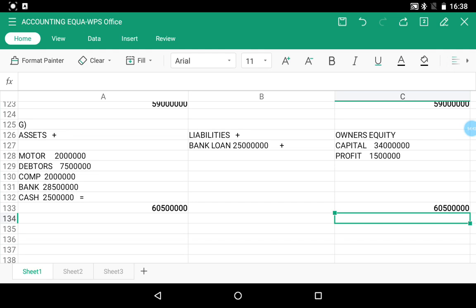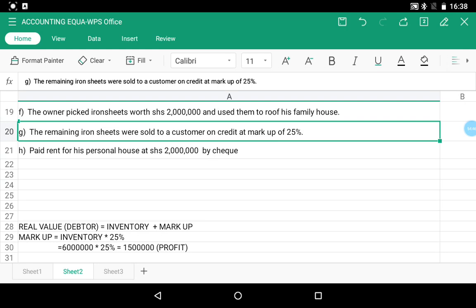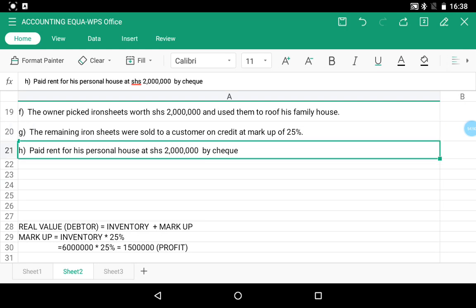Now let's go to the next question, and it is almost the last question. They have said the same person paid rent for his personal use at shillings 2 million by check.